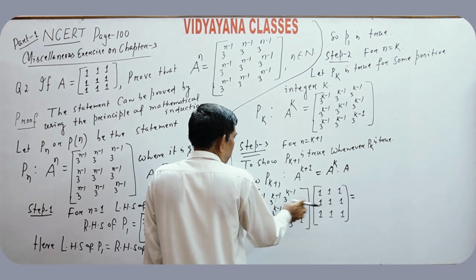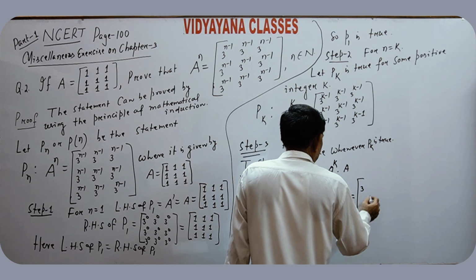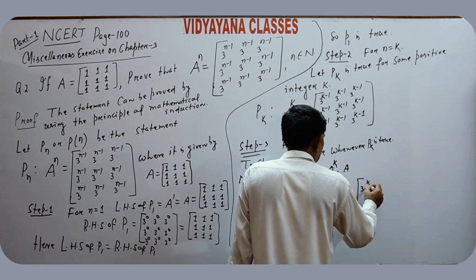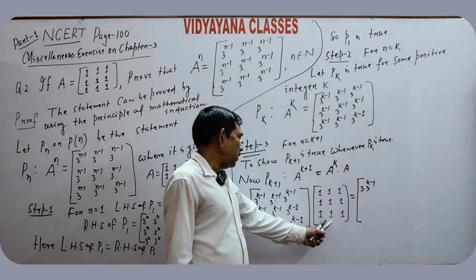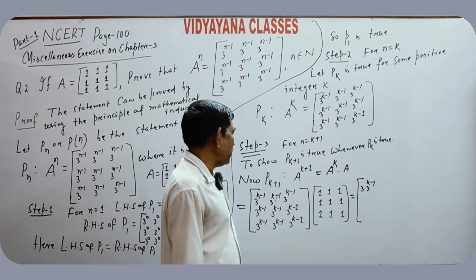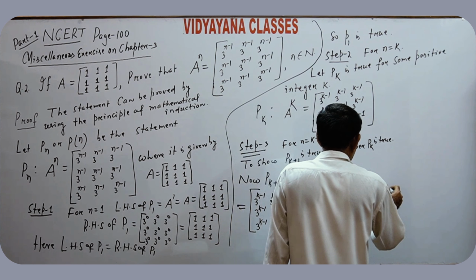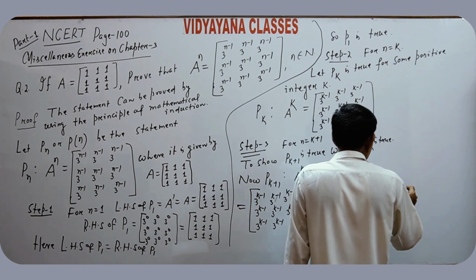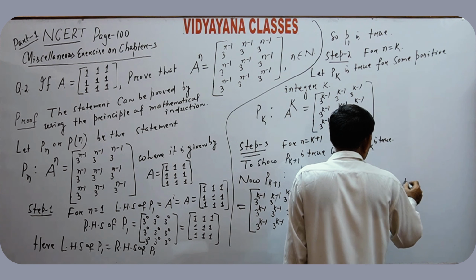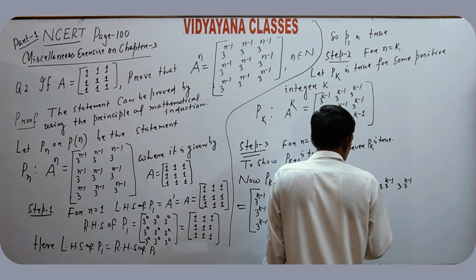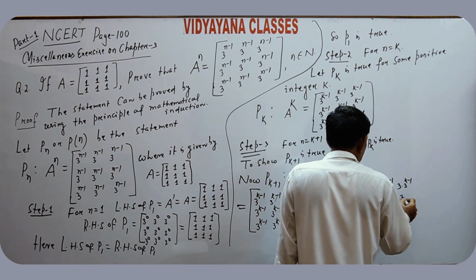This gives 3 times 3 to the power k minus 1. Similarly, each element is equal to 3 into 3 to the power k minus 1.